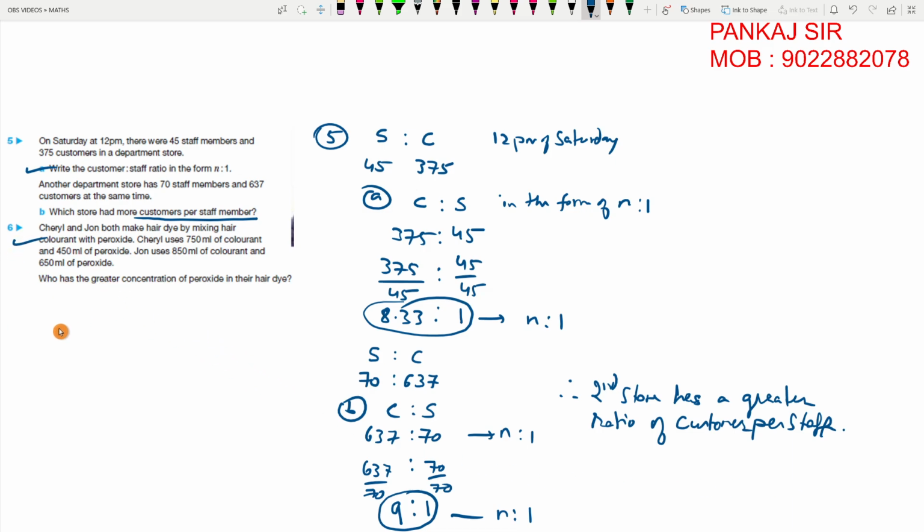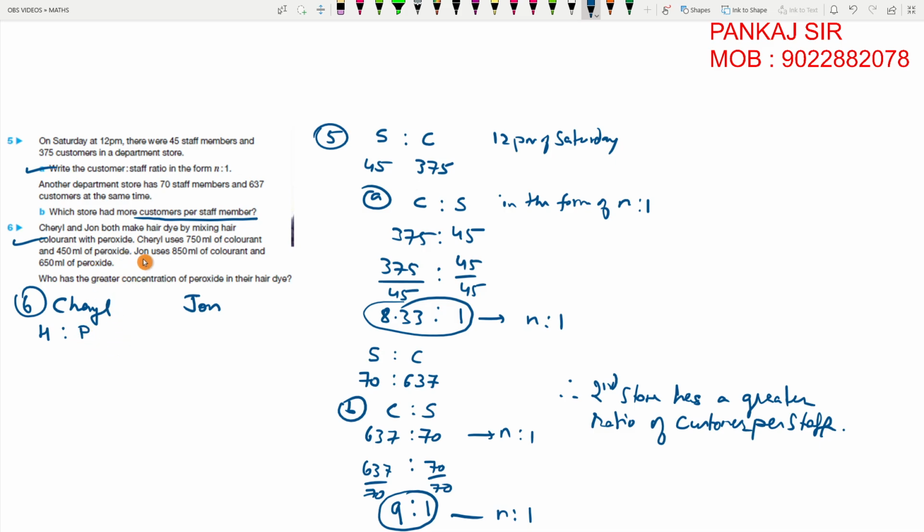Let us work on question number 6. Question number 6, let me work it out over here. He is talking about two people, Cheryl and John. Now what he's saying is both make hair dye by mixing hair colorant with peroxide. So let me write H for hair colorant and P for peroxide.